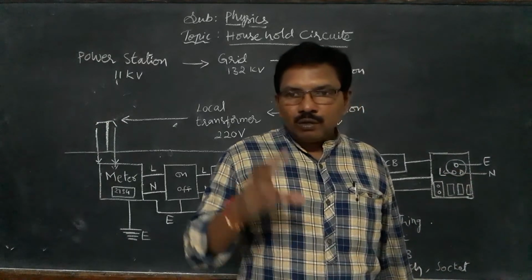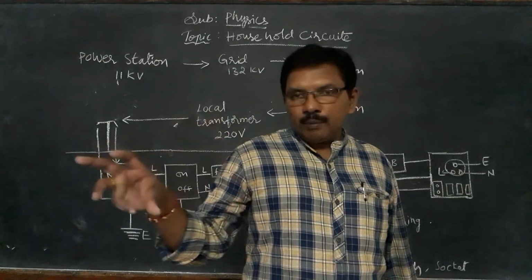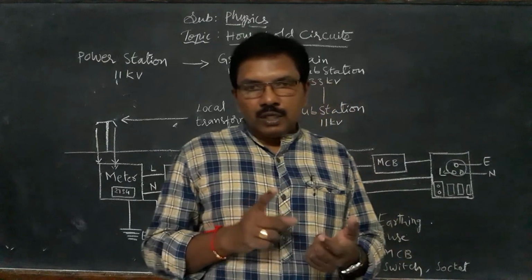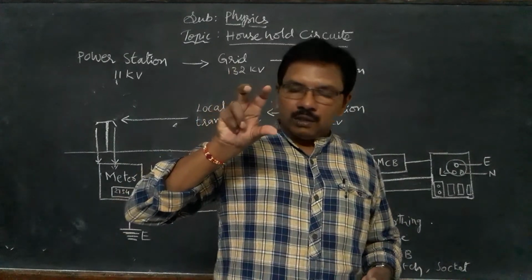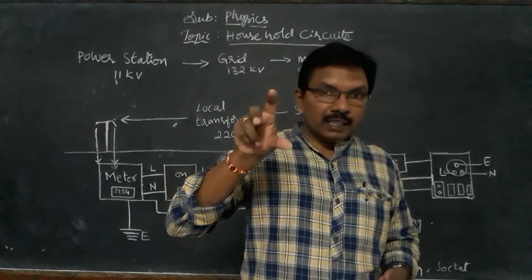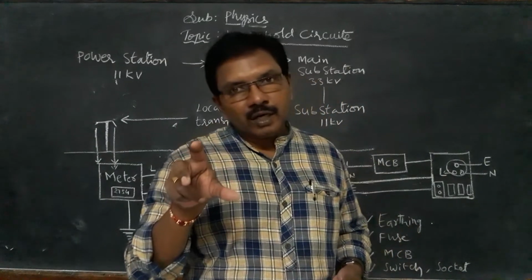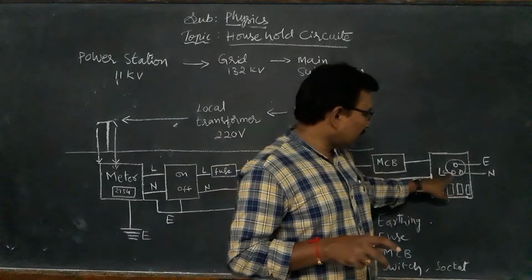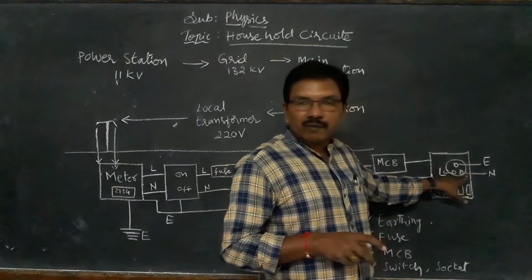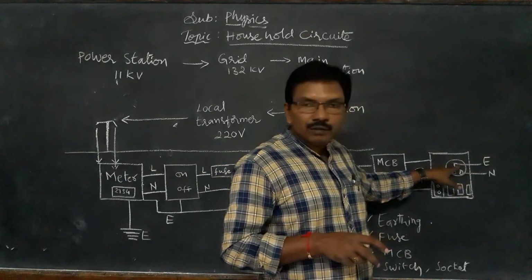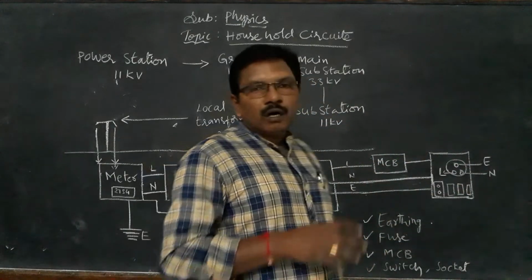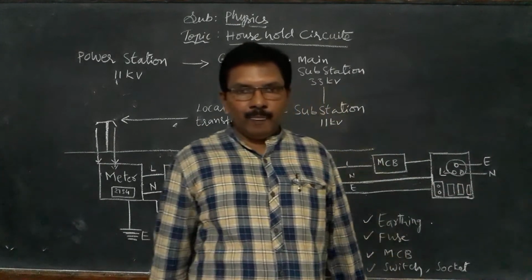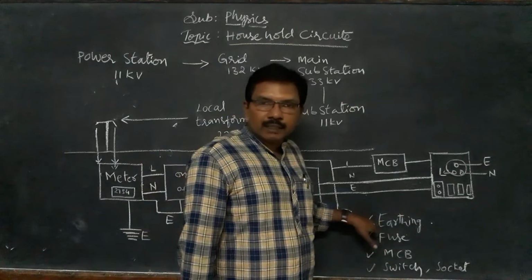Okay. All appliances like the fridge, cooler, washing machine that we touch have a 3-pin plug. What is the 3-pin plug for? One pin connects to the live wire, one to the neutral wire, one to the earth wire. This is the way the total household circuit is connected. I already told you about earthing and the use of the earth wire.